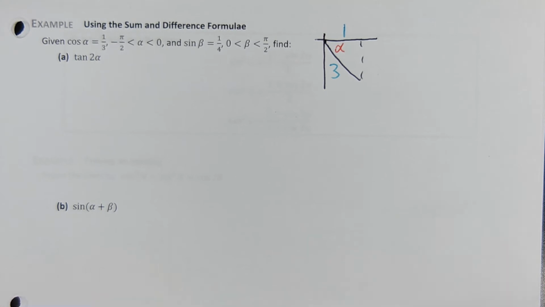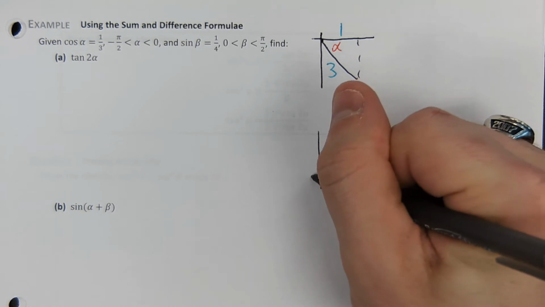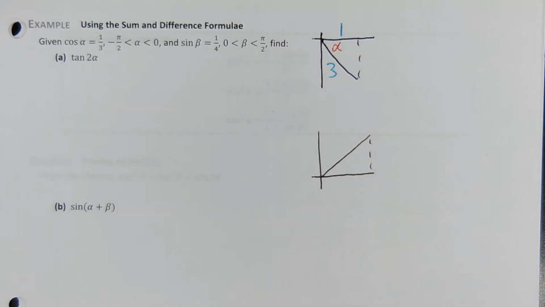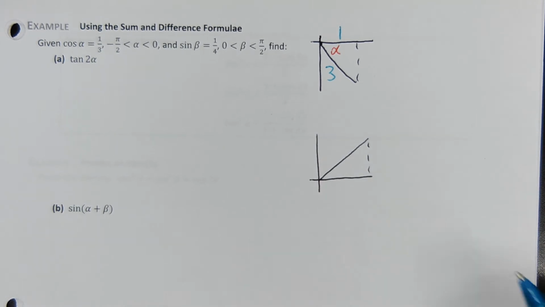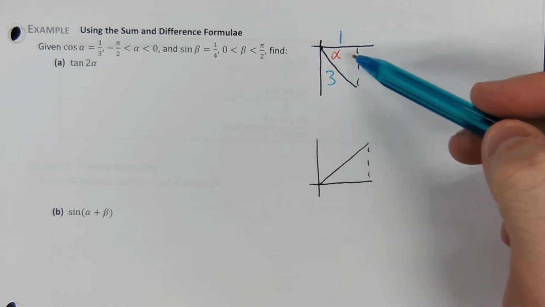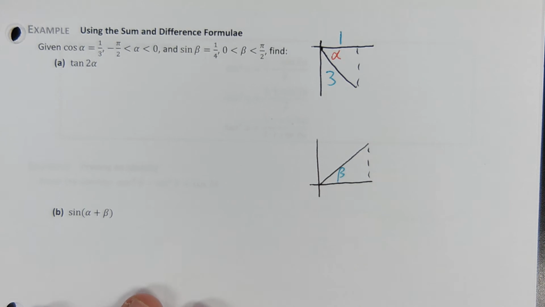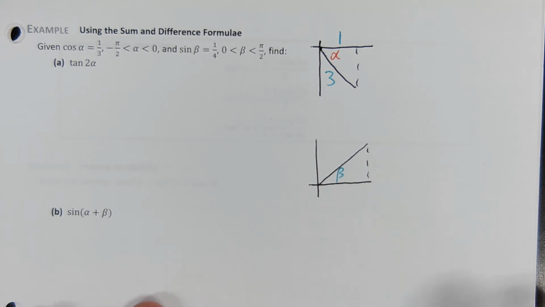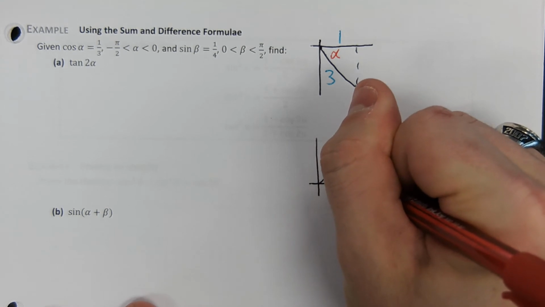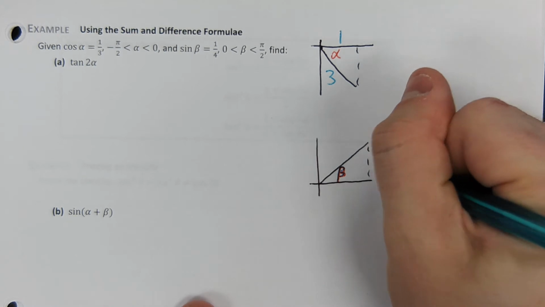And our beta is in quadrant 1. Here's beta, and sine is y over, oh crap, I did that in blue and it was supposed to be in red. Sorry guys, my apologies. There we go. I like my angles to be red. Anyway, we have a 1 here, we have a 4 here.